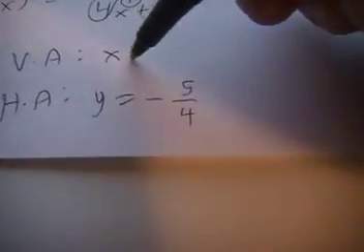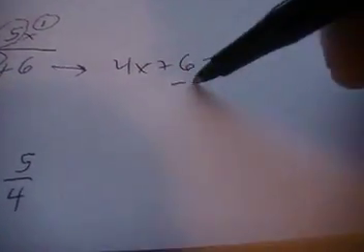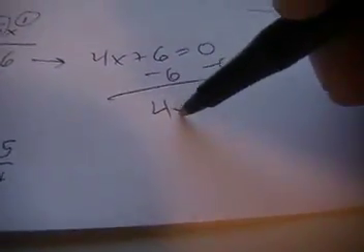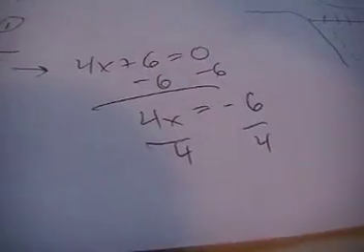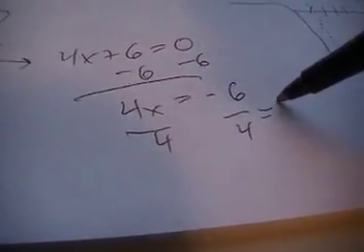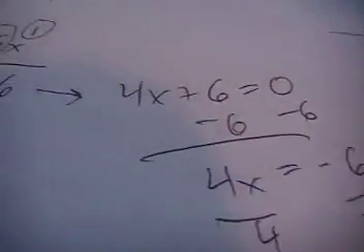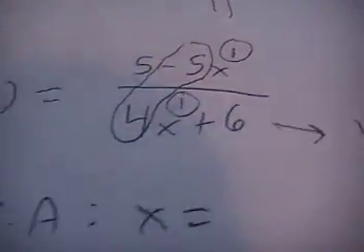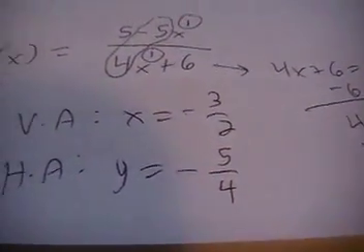And for the vertical asymptote, as long as the fraction's reduced, you take the bottom and set it equal to 0 and solve for x. Subtract 6, divide by 4, reduce it if you can, negative 3/2. So negative 3/2 is the only number that makes the bottom 0. The fraction's as reduced as possible. So negative 3/2 is the vertical asymptote, and negative 5/4 is the horizontal.